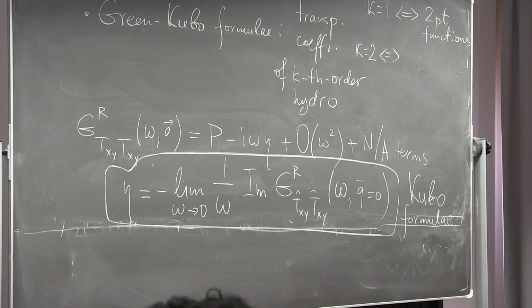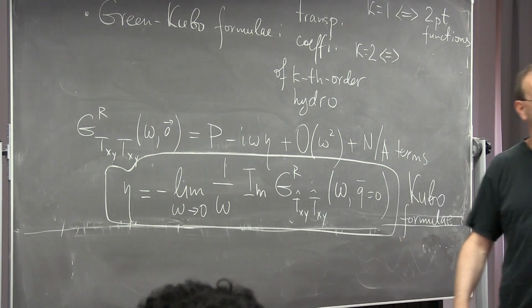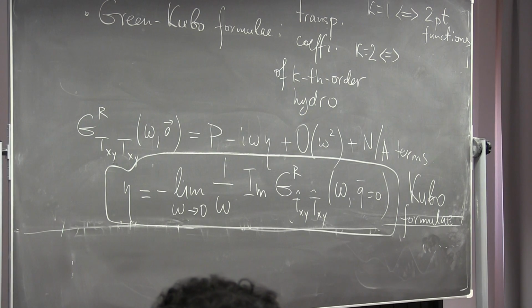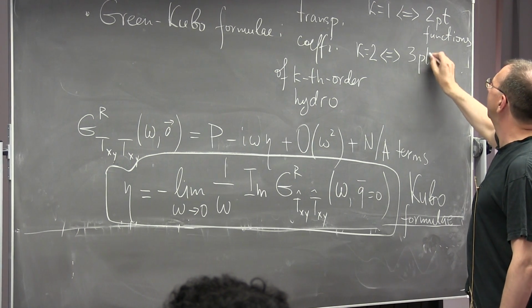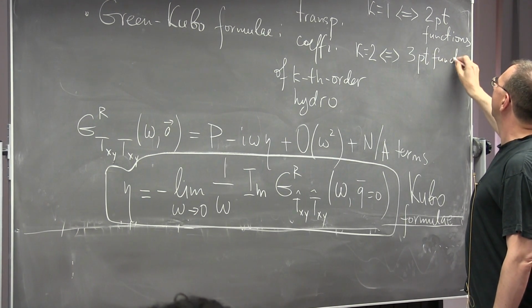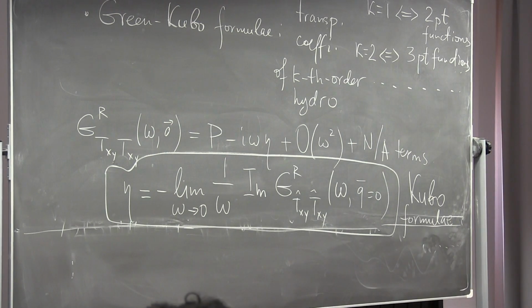Then there is also a set of Kubo-like formulas which were written down explicitly by Guy Moore, who I don't see in the audience today, but this involves three-point functions. And presumably this can be continued.